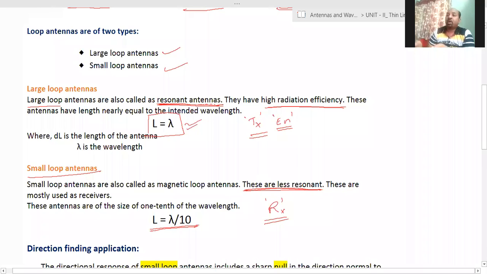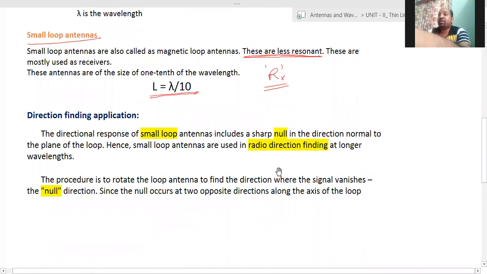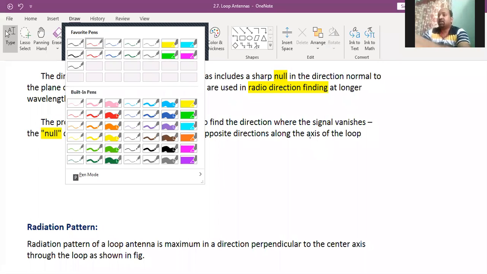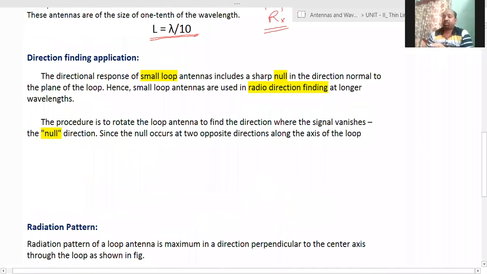One very important application of loop antenna is direction finding. They find the direction of the incoming signal, in what direction the incoming signals are coming.